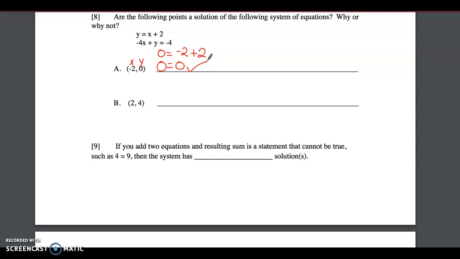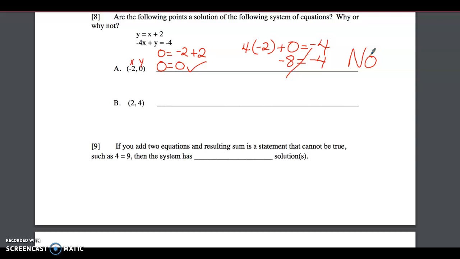Now let's look at the second equation: 4 times -2 plus 0 equals -4. So 4 times -2 is -8, plus 0 is -8. That is not true. So is it a solution? No, because it does not work in both equations.